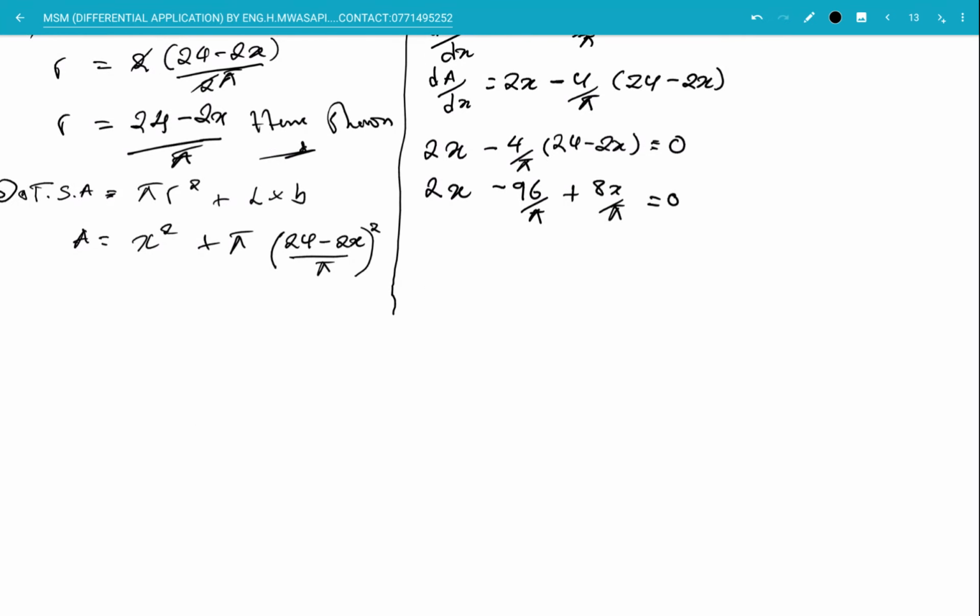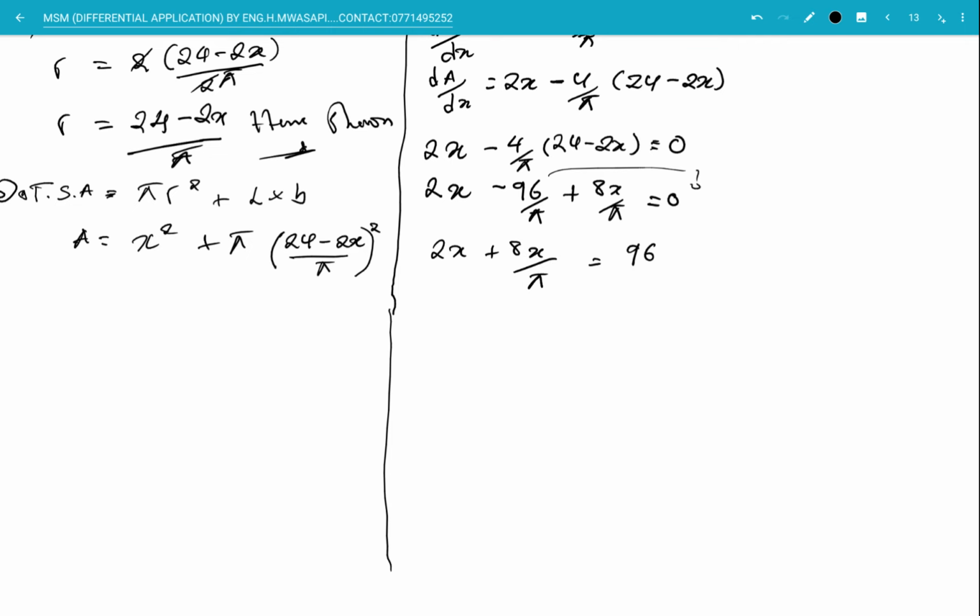Okay, so when we continue with our computations for finding the value of x, we're going to take this to the right hand side. Therefore 2x plus 8x over pi is going to be equal to 96 over pi.